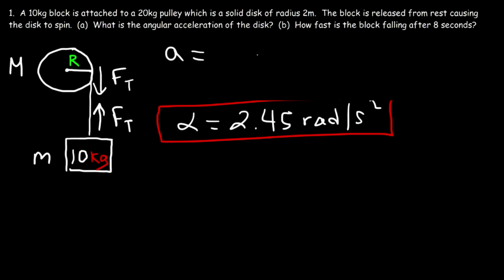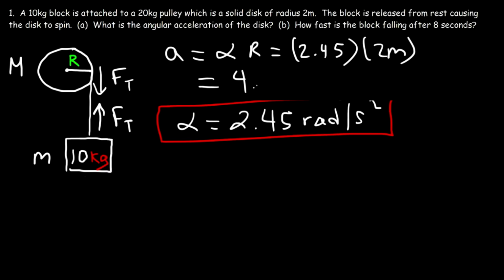The linear acceleration of the disk is alpha times r. So we have alpha, which is 2.45, and the radius of the disk is 2 meters. So 2.45 times 2 is 4.9. So the linear acceleration of the system is 4.9 meters per second squared. And so that's the acceleration of the block as it descends down. So now we could find the final speed of the block as it falls for 8 seconds.